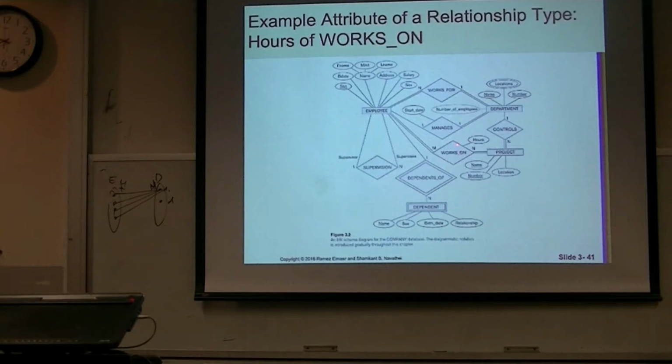If you take a look at the relationship, we are using the rhombus to represent the relationship type. Manager has the start date attribute.